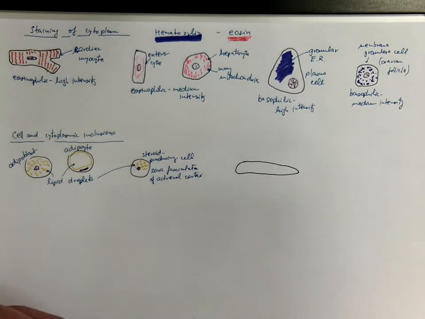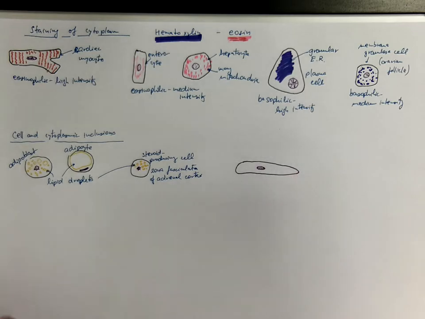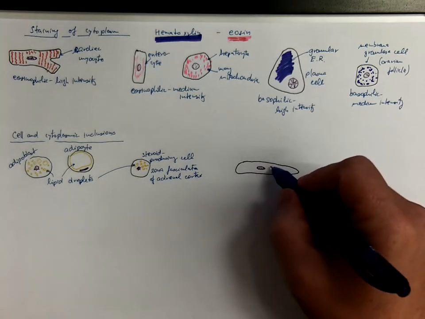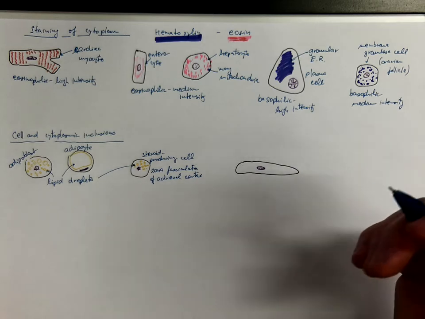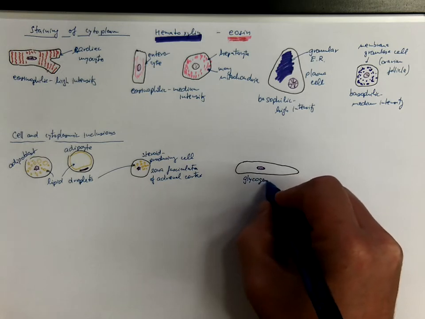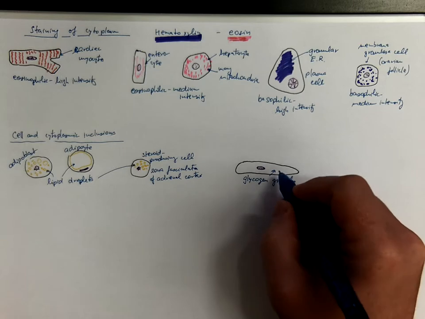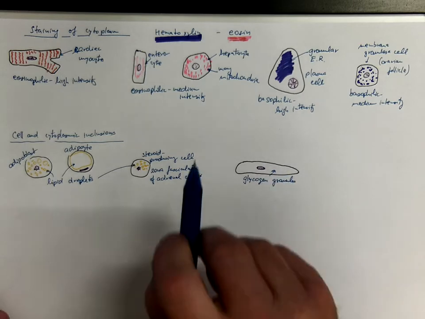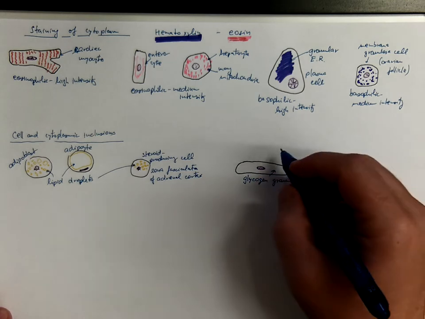So if this would be one of the epithelial cells lining the mucosa of vagina, the cytoplasm looks nearly whitish, because the glycogen does not stain either with hematoxylin or with eosin.